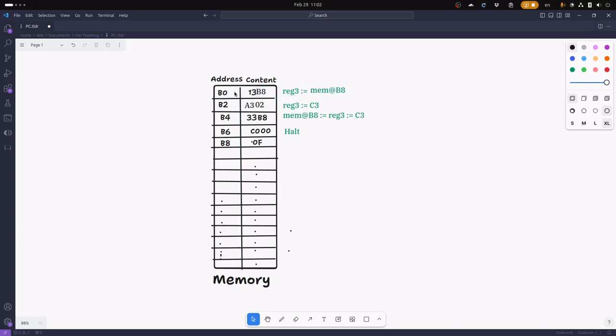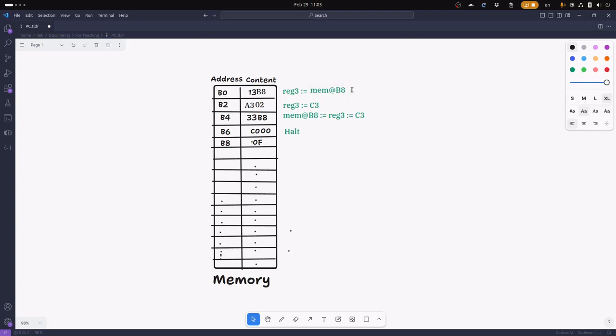Then we just read what the machine instruction says and do what it says, in a mathematical way, that this code means this: put the value of memory cell B8 into register 3.